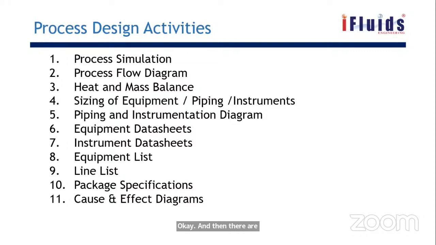there are certain processes where specialized package vendors are there, and they will do it better than the engineering companies. So what they do is outsource this water treatment unit to a different vendor, different licensor or company.